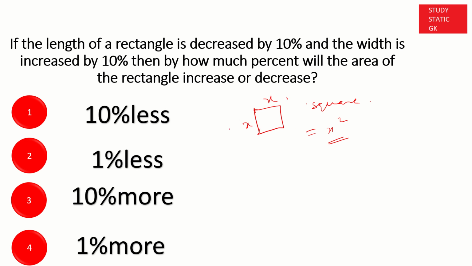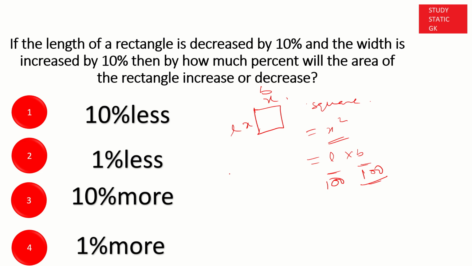If this square is like a rectangle L into B, then the area becomes L into B. Here, let us assume L is 100, B is also 100. Because we are not violating the rules of rectangle and square, we can take the same length and breadth. This is only for the area related things, not for other things.